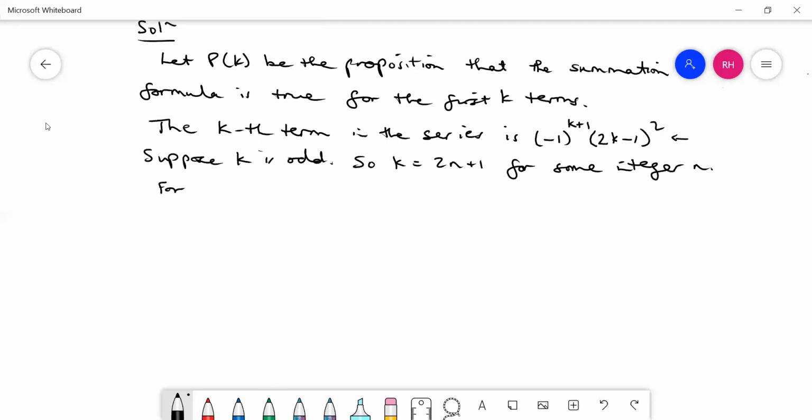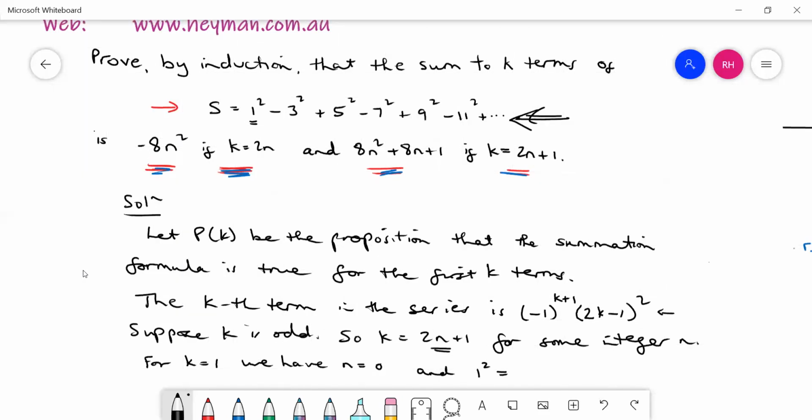Anyway, okay, so let's now do the initial step. For K equals 1, so the first term, that's the first odd term, we have n equals 0. That's when I look back here, n equals 0, if I want to make K equal 1. And what do we have? 1 squared, because that's the sum, that's S back here.